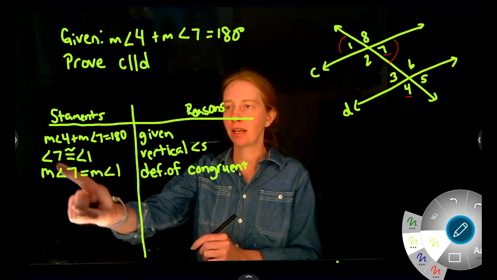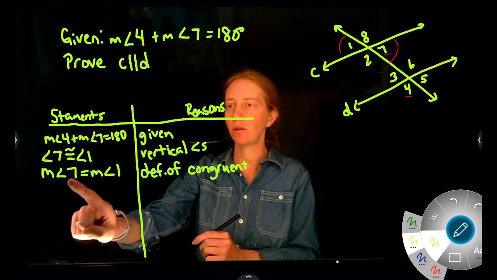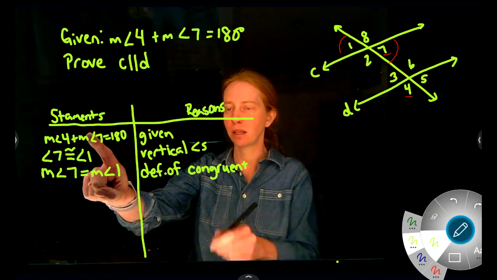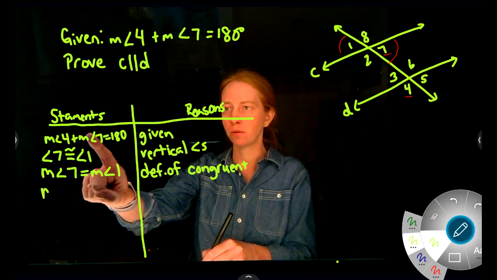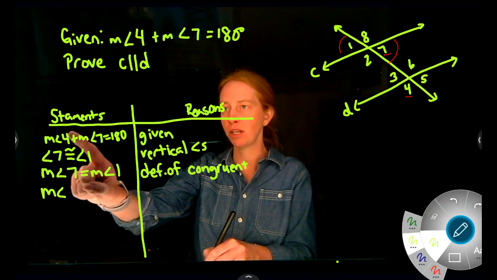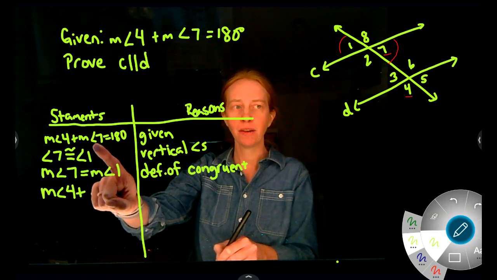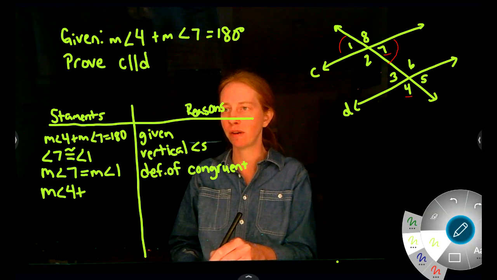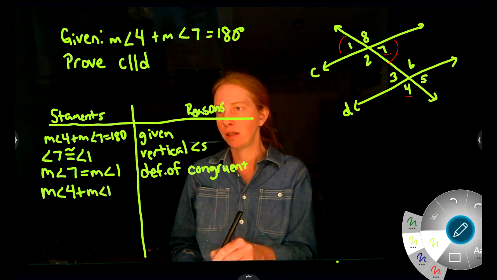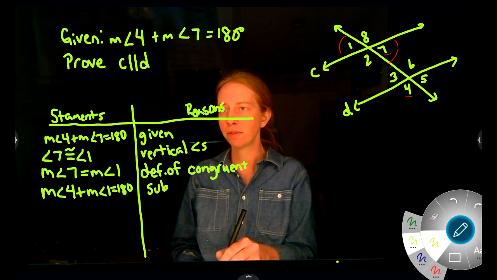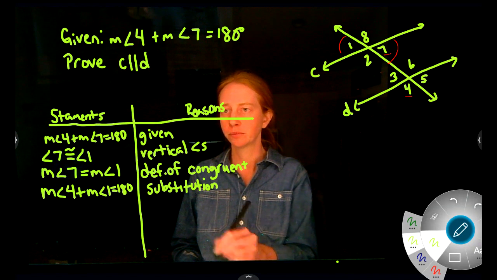Because I have this angle 7 equals angle 1, I could substitute this angle 1 right here. So that's what I'm going to do. I'm going to do measure of angle 4, plus, and instead of angle 7, I'm going to write the measure of angle 1. 7 and 1 are the same thing. And the reason for that is substitution.